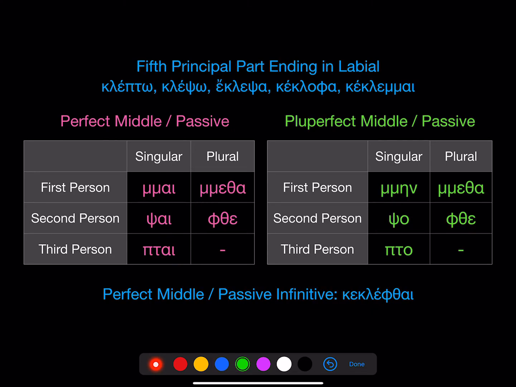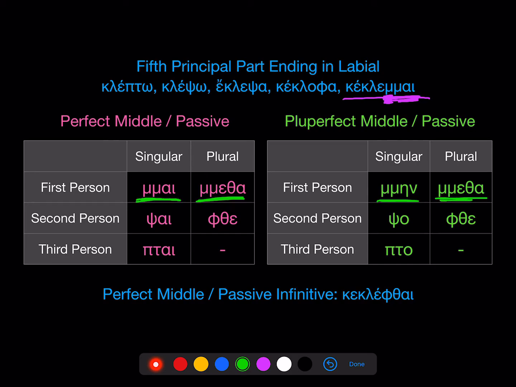Now let's take a look at a fifth principal part ending in a labial. Klepto gives us for the fifth principal part keklemai. So in the fifth principal part, we see another mu before this mai ending. And wherever you have a mu, you're going to have this double mu. So mai, metha, mena, metha.